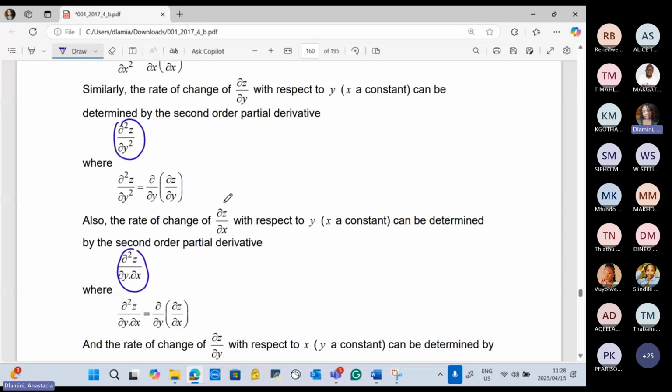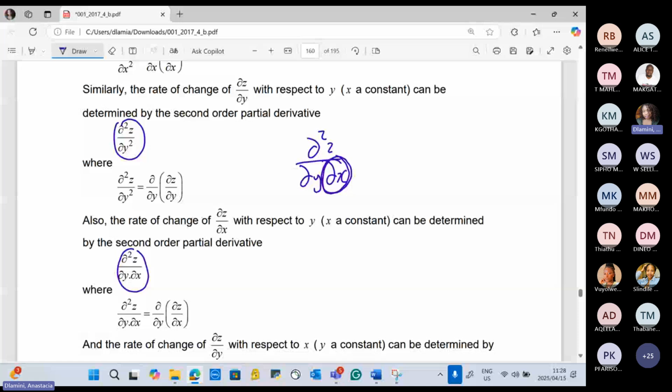But in partial derivatives, we read from right to left in the denominator. So here we have the second order partial derivative of z, partial y, partial x. What does this mean? It means we first start with this one: you find the partial derivative of z with respect to x first.